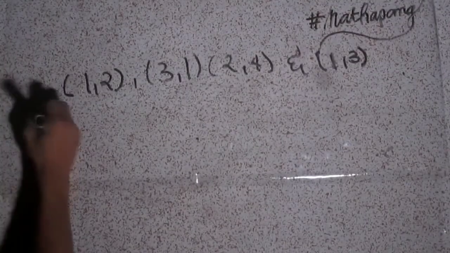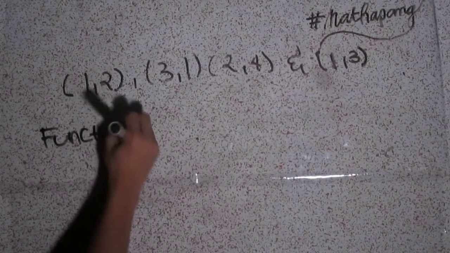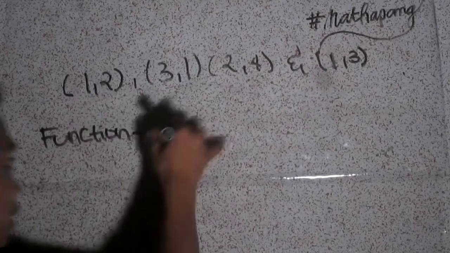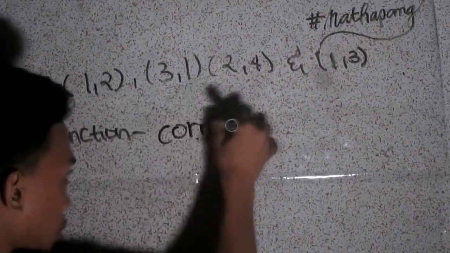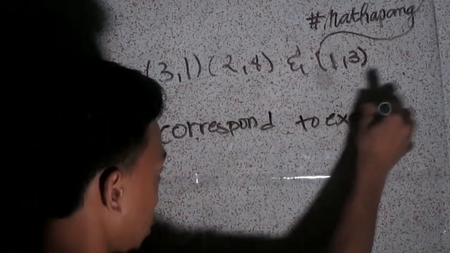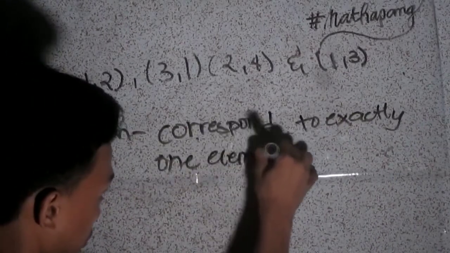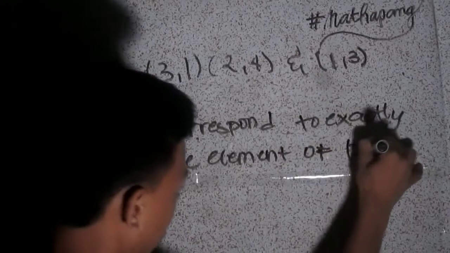Now let's talk about functions. A function is a special case of a relation, and the definition is that it is a relation where each element in the domain corresponds to exactly one element of the range.